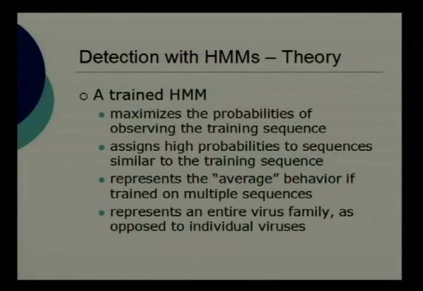And it would also assign high probabilities to sequences similar to the training sequence. A model would represent the average behavior of multiple sequences, meaning that we don't need many models to represent one family. We just need one model to represent a whole family, and we can later determine whether any given program is similar to that family.